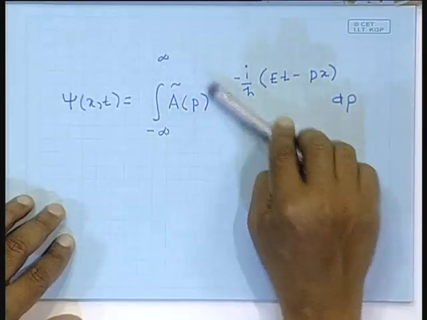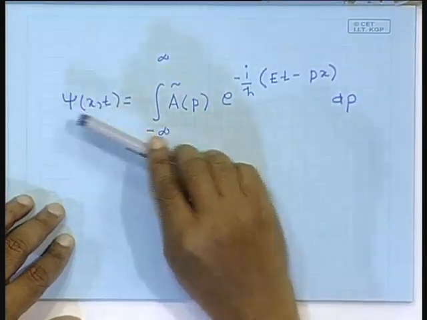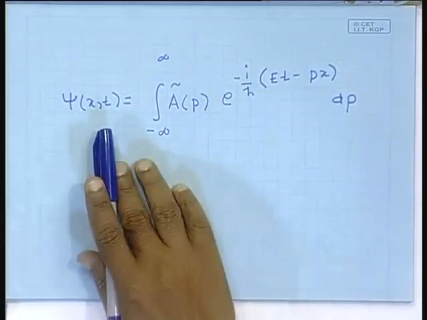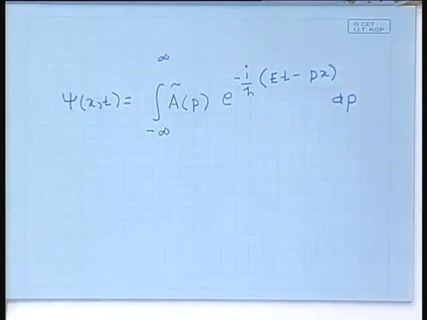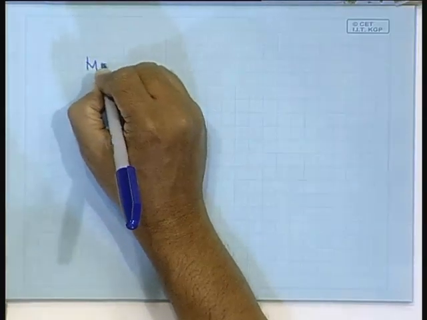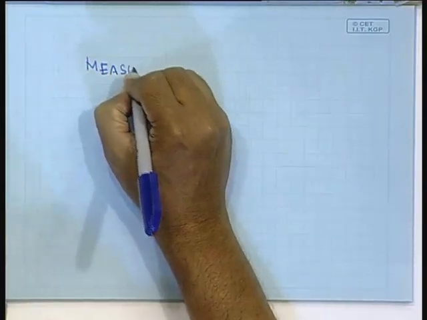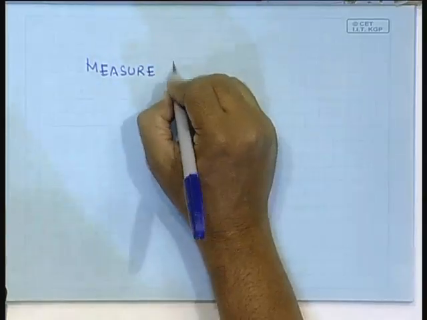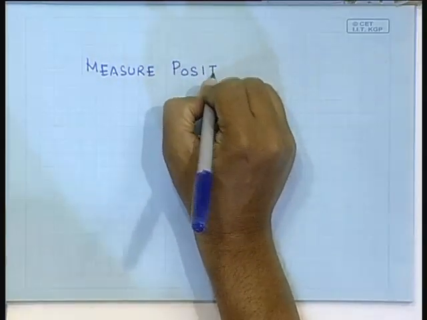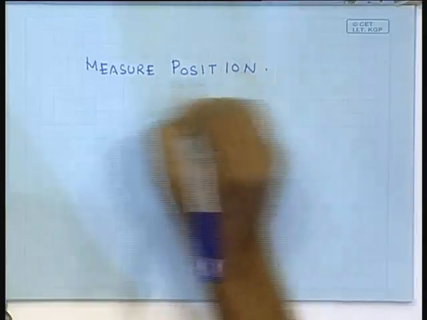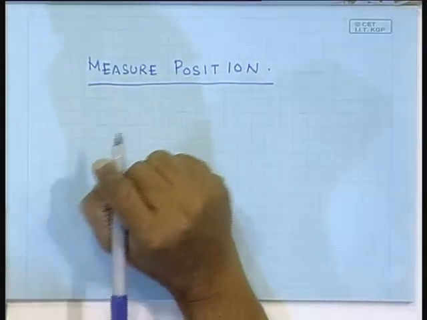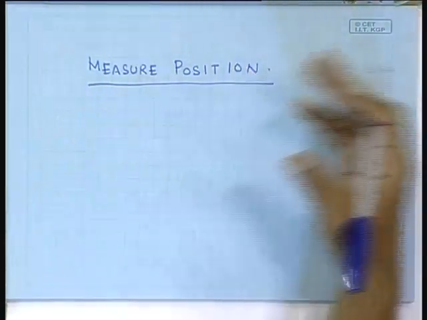So, a different set of amplitudes will give me different psi wave functions, and once I know psi, I can calculate the probability amplitude of finding the particle somewhere. So, if I ask the question, what happens if I make a measurement of the position of the particle, I can predict with the wave function.